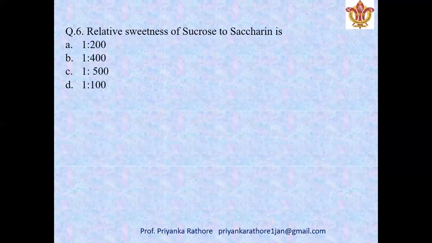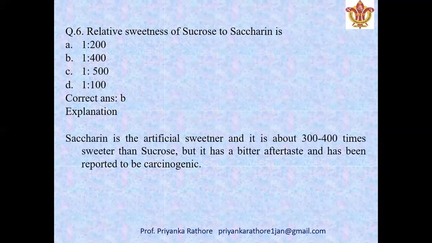Relative sweetness of sucrose to saccharin is. Option A is 1 is to 200, B is 1 is to 400, C is 1 is to 500, and D is 1 is to 100. So the right answer is B, that is 1 is to 400, as it is given that saccharin is the artificial sweetener and it is about 300 to 400 times sweeter than sucrose.